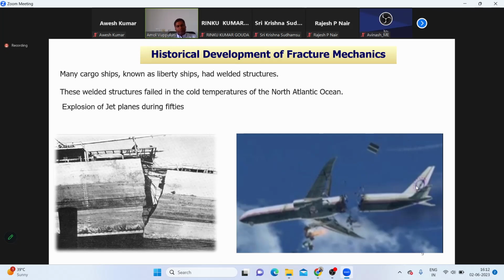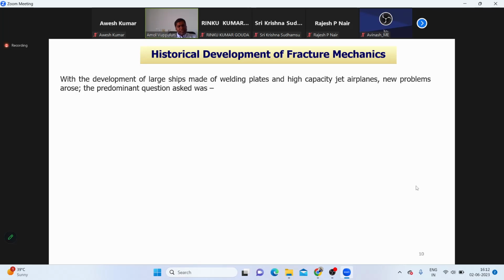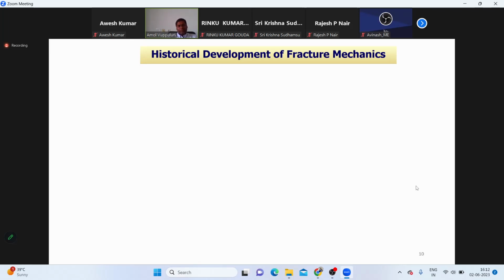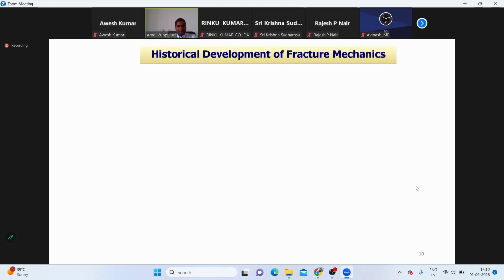Similarly, there was the explosion of jet planes during the World War in the 50s. These jet planes used to burst in the air, and these are the incidents which primarily motivated researchers and engineers in the mechanics community to start exploring what a crack is, how it is generated, and how it propagates, and that led to the field called fracture mechanics.